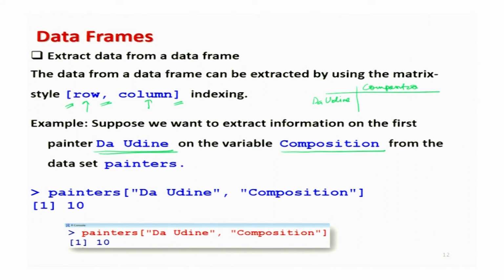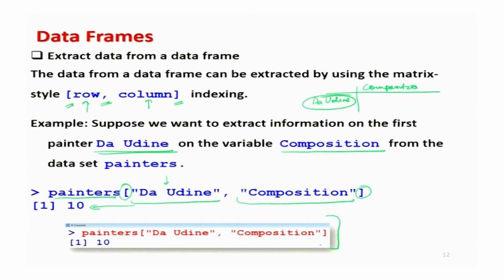So, write down the name of the data frame as painters, and then inside the square brackets write down this row name. Now this is a name, not a number, so you have to write the name in double quotes, Da Udine, the same name which is given in the data set, and then write down the name of the column, which is composition, right.